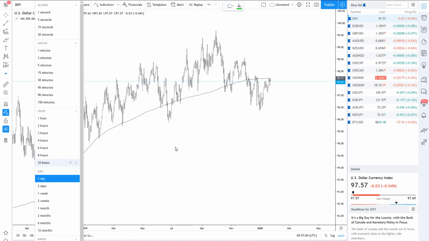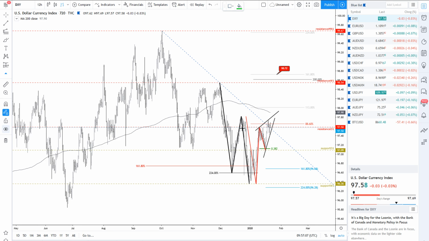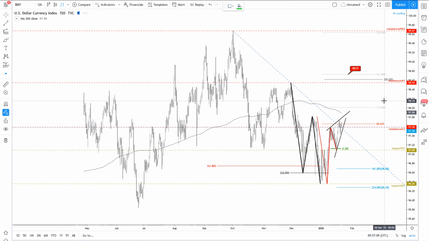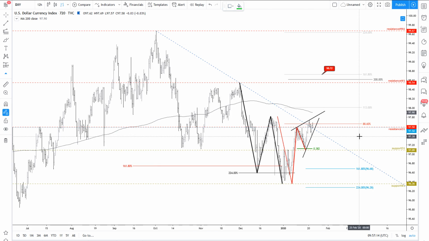So let me decrease my time frame here and show what I'm seeing. Everything that I will show you here is just my approach, my views inside the market that I tend to use to trade the market, and I also share these insights with different traders and different persons.